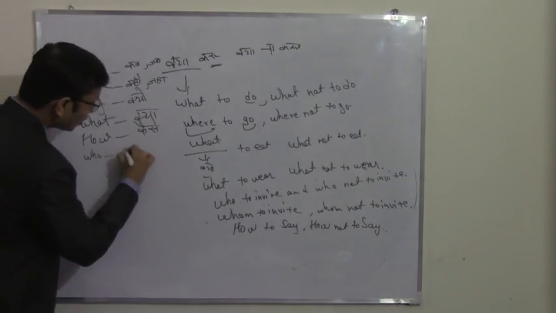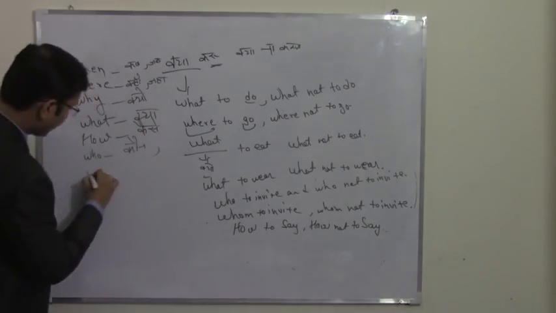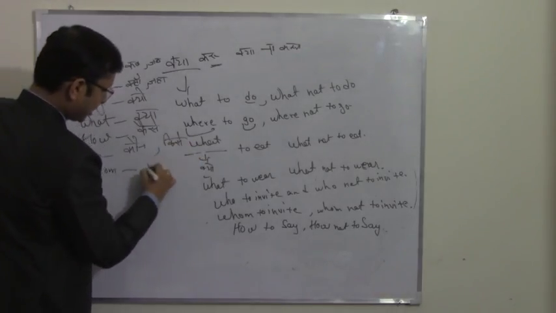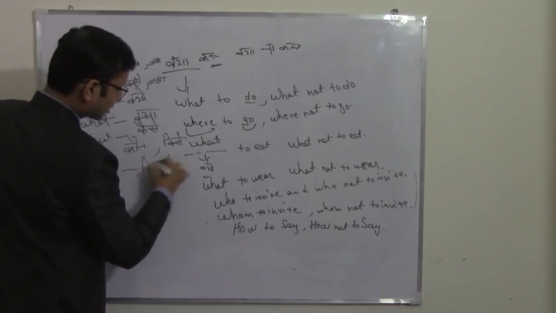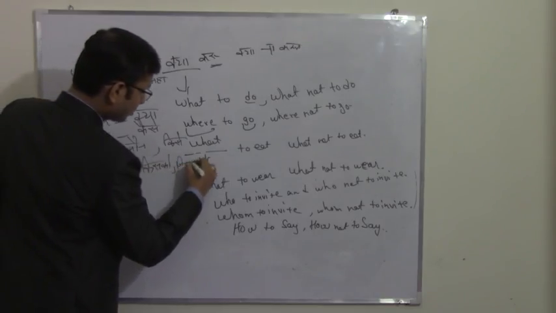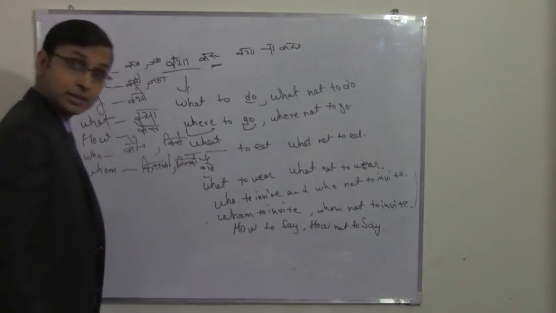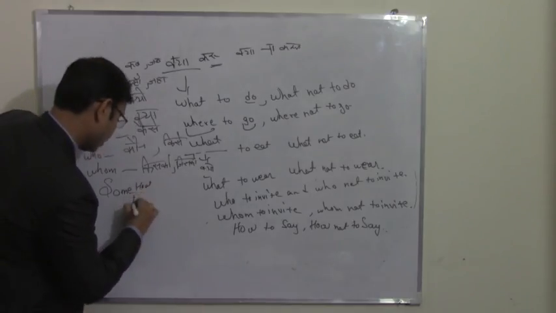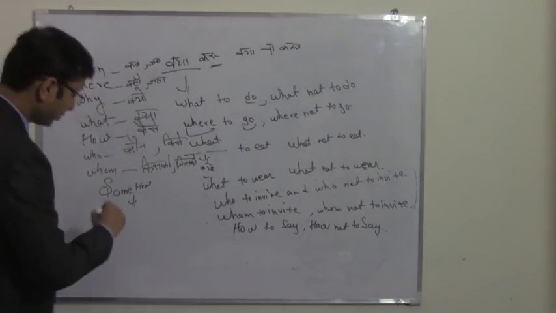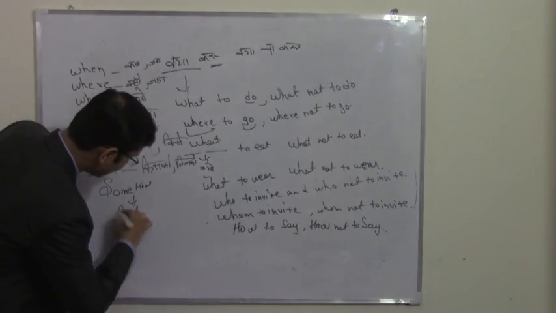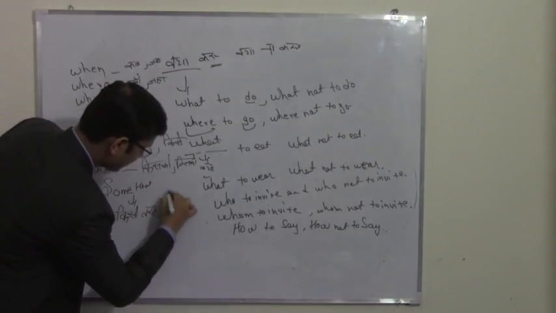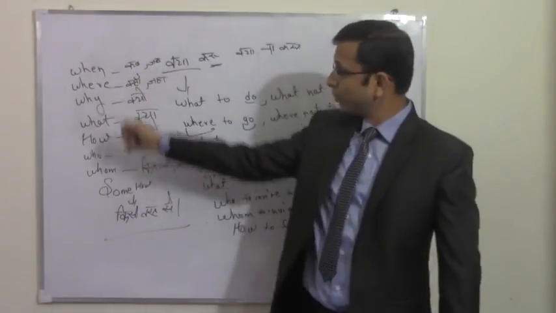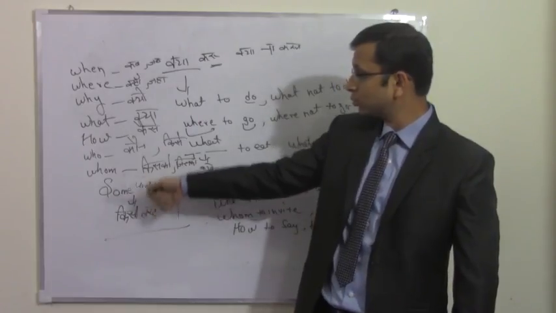And then you say who, which is kaun, and whom, or kaun and kise, whom is kisko and jisko. And there's one more word I'd like to tell you, which is somehow. The meaning of this word in English is "kisi tarah se". So these are the words, you can write them down: when, where, why, what, how, who, whom, and somehow.